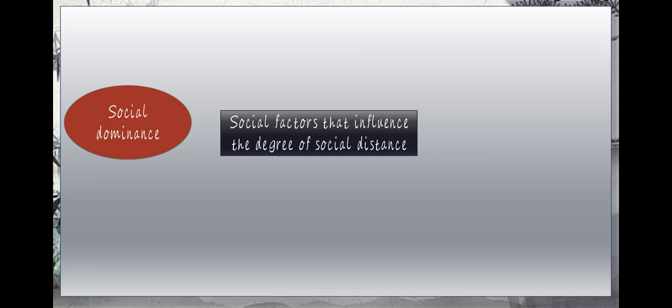Social dominance means if the second language learning group is politically, culturally, technically, or economically dominant to or subordinate to the target language group, then social contact between the two groups will tend not to be sufficient for optimal target language acquisition.